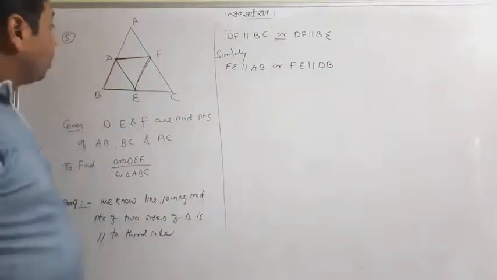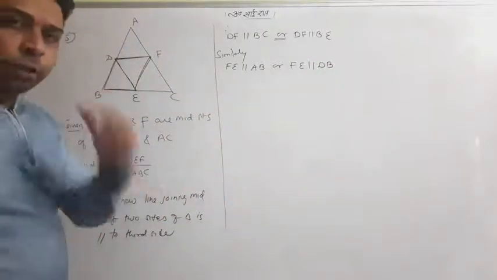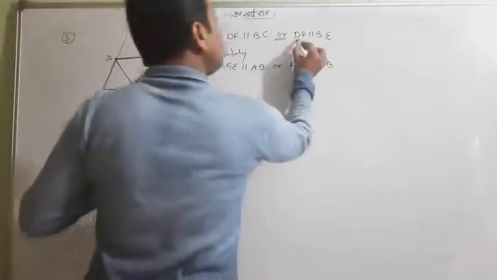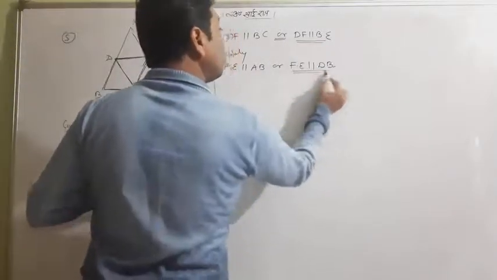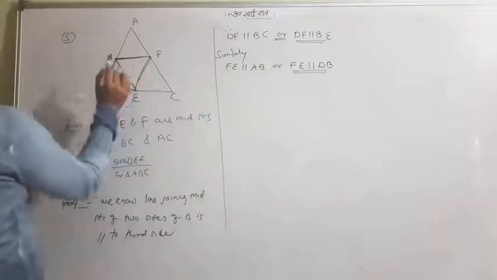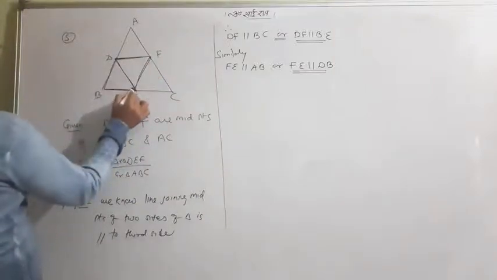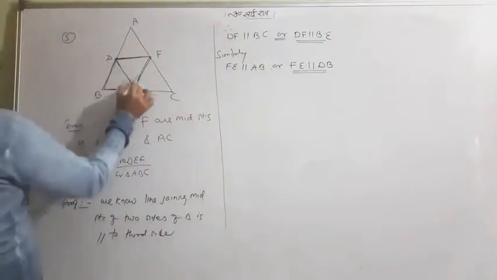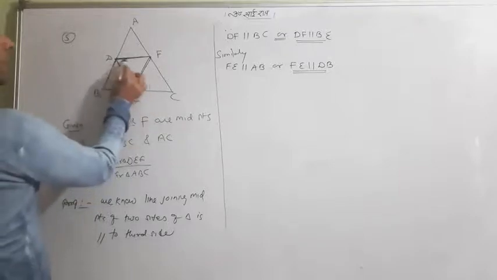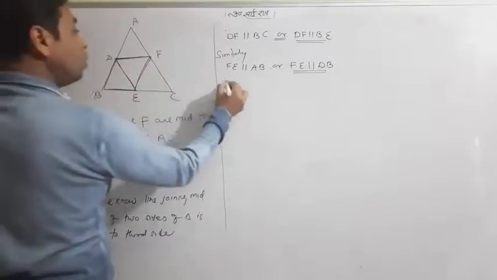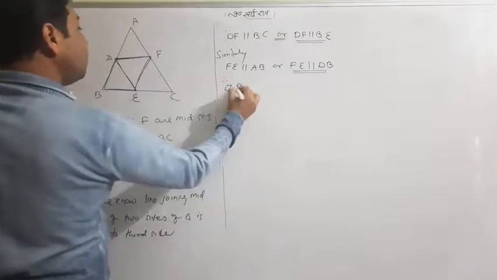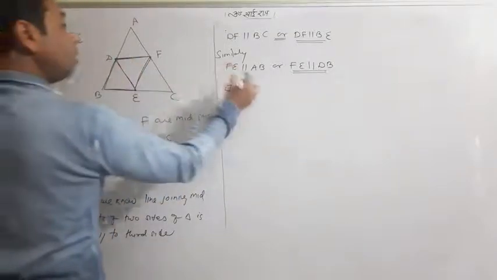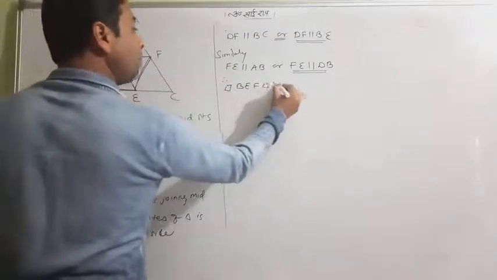One more thing, which is half, and I'll tell you one by one, don't worry about that. So what do you think, after these two conclusions, what do you get? DF parallel to BE, FE parallel to DB. In a quadrilateral, when opposite sides are parallel, it's going to be a parallelogram. So box BEFD will be a parallelogram.